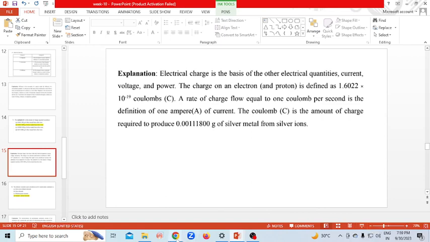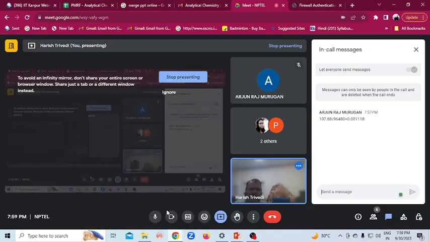Okay, Arjun, you wrote something, you calculated this thing: 107 divided by 96.5. So it is the atomic weight of silver, sorry, right. Then you divide by the coulomb, so this amount.